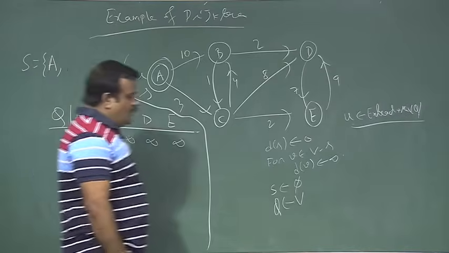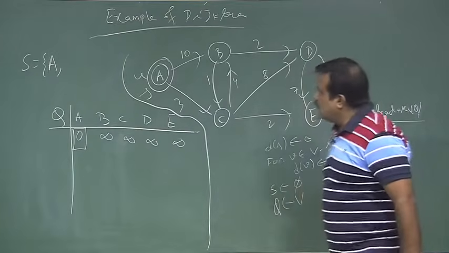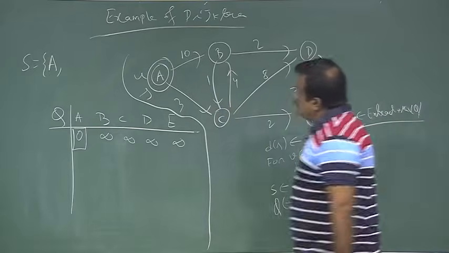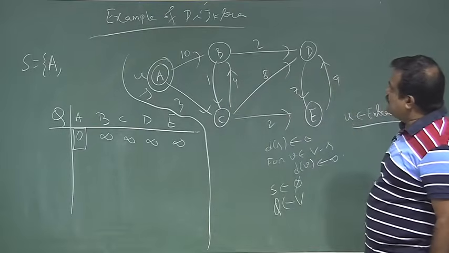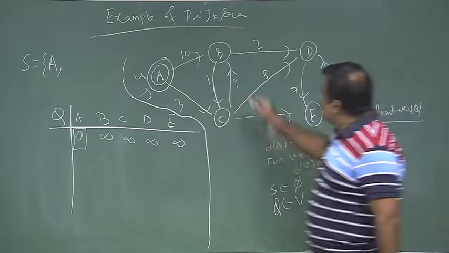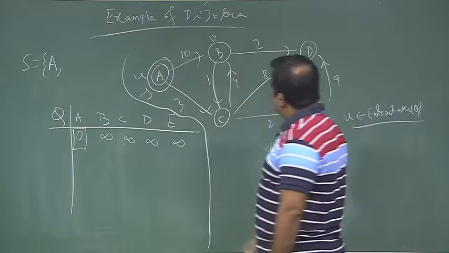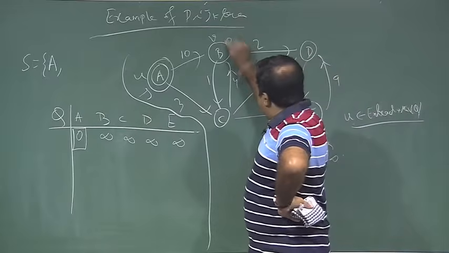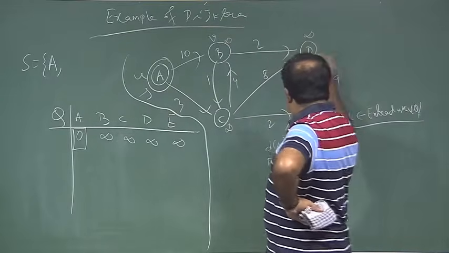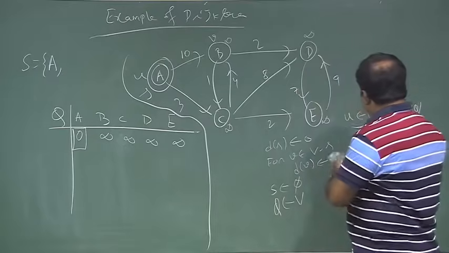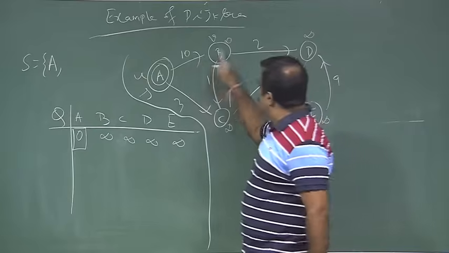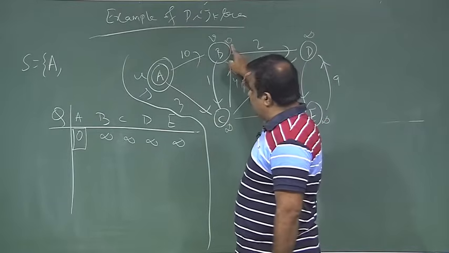Now that we have U, we look at all the vertices which are adjacent to U. This is one vertex adjacent to U, so this is V. Its distance was infinity.